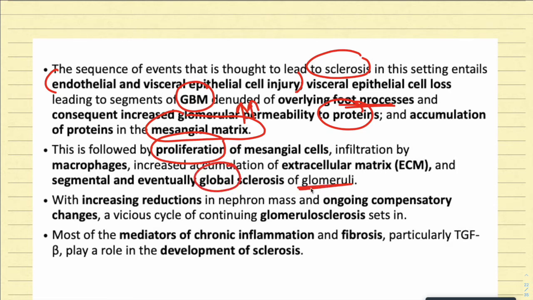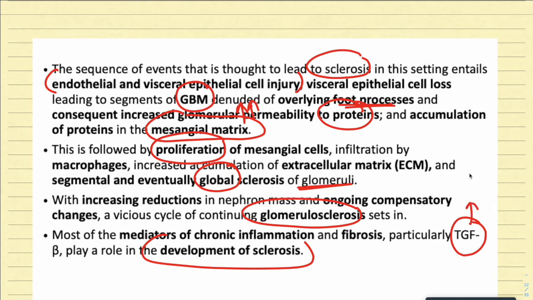With increasing reduction in the nephron mass and ongoing compensatory changes, a vicious cycle of continuing glomerulosclerosis will set in. And remember, most of the mediators of chronic inflammation and fibrosis, especially TGF beta, play an important role in the development of sclerosis, not only in the kidneys, but throughout the body. TGF beta is also the cytokine, or inflammatory mediator, which is responsible for liver cirrhosis. Again a very important MCQ.